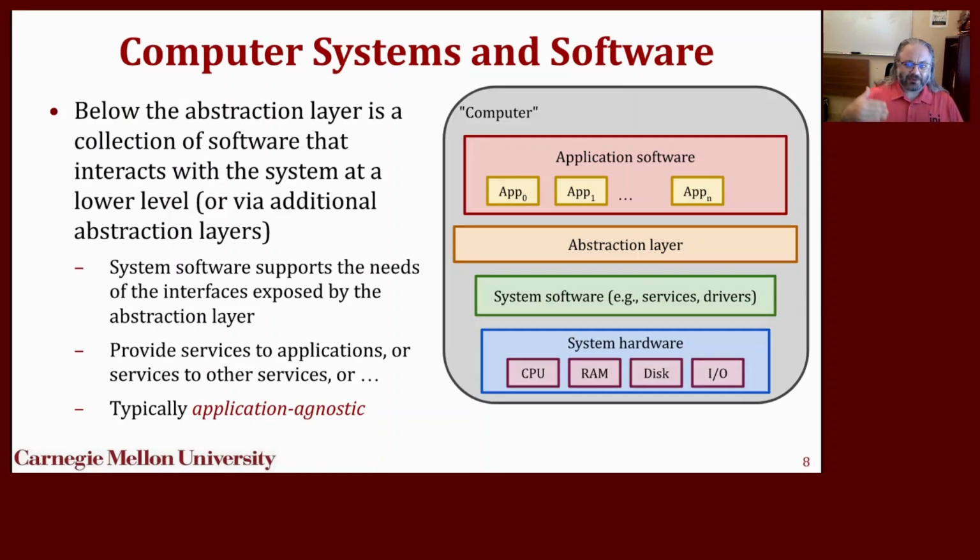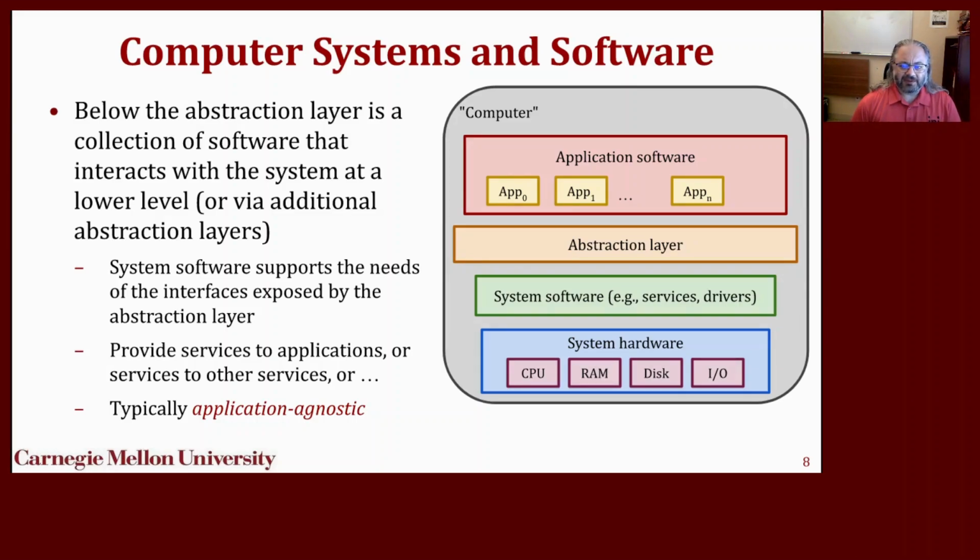So below this abstraction layer, we have the software that is actually doing the work underneath. We have the system software, we have services that are interacting with hardware, we have drivers that are interacting with peripherals, and below that we have the actual system hardware itself.